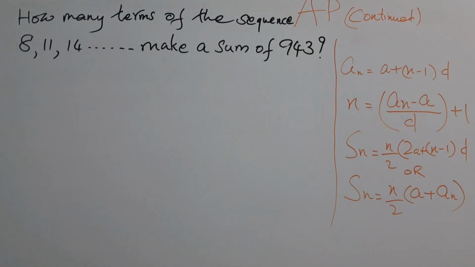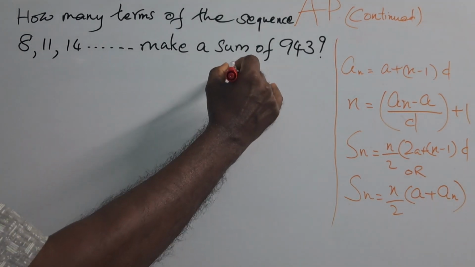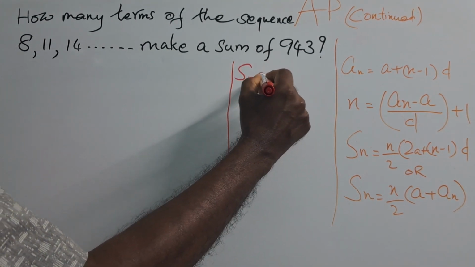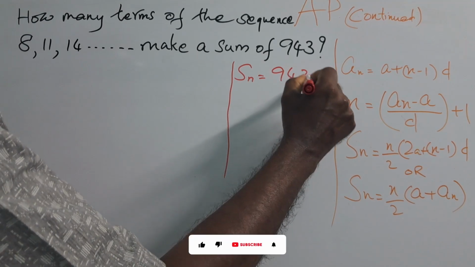Here is another question for you. How many terms of the sequence 8, 11, 14 and so on make a sum of 943? Here, Sn, the sum of the first n terms, is given as 943.